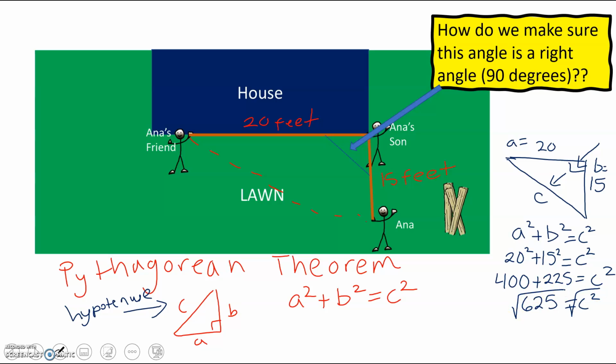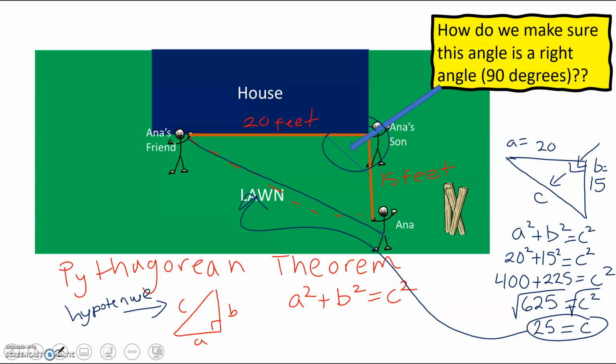But if we square root C squared, we must also square root the other side of the equation. So the square root of 625 is 25. So 25 is equal to C. So if Anna is creating a right triangle where this angle here, where her son is at, is 90 degrees, we know that this length here will have to be 25 feet.